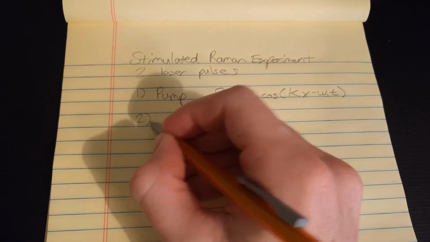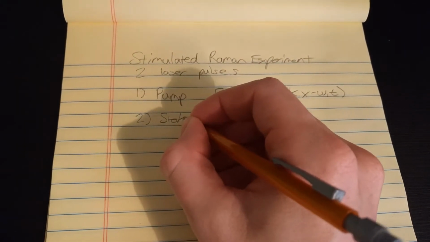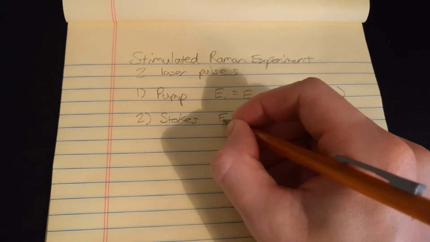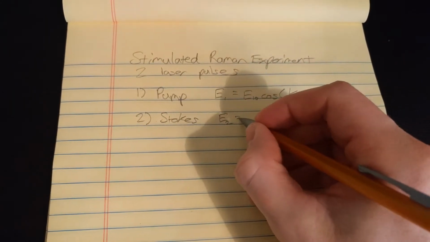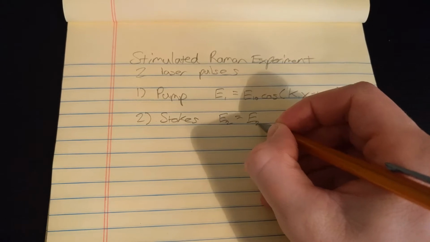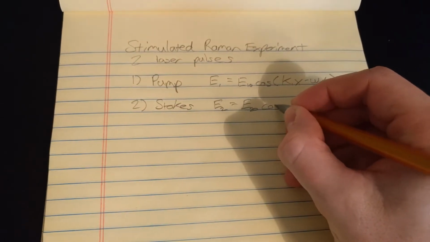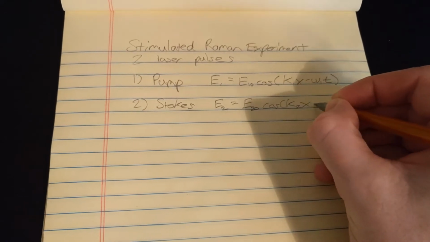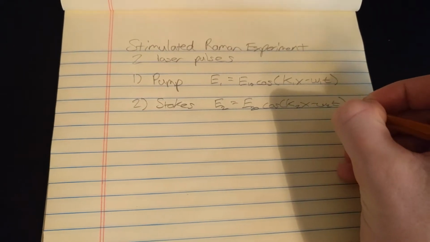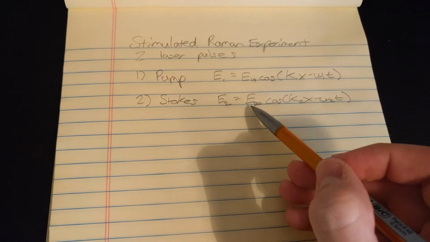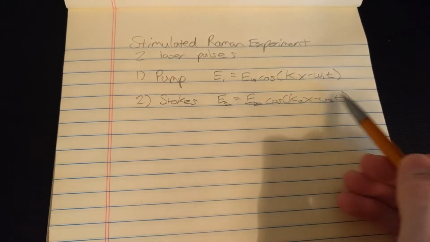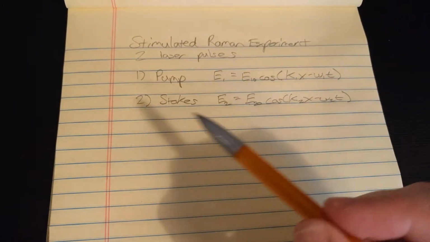And we have a Stokes pulse. Let's call that E2, and that's equal to initial amplitude E2 naught times cosine K2 x minus omega 2 t. These are just the form of a general sinusoidal wave.